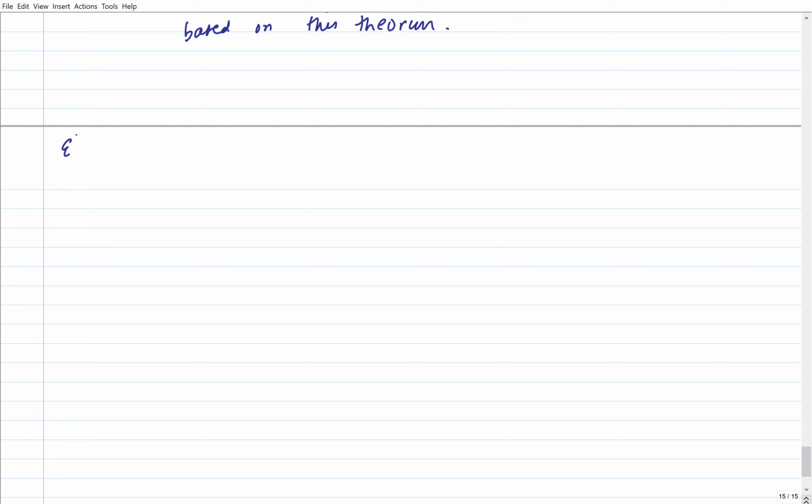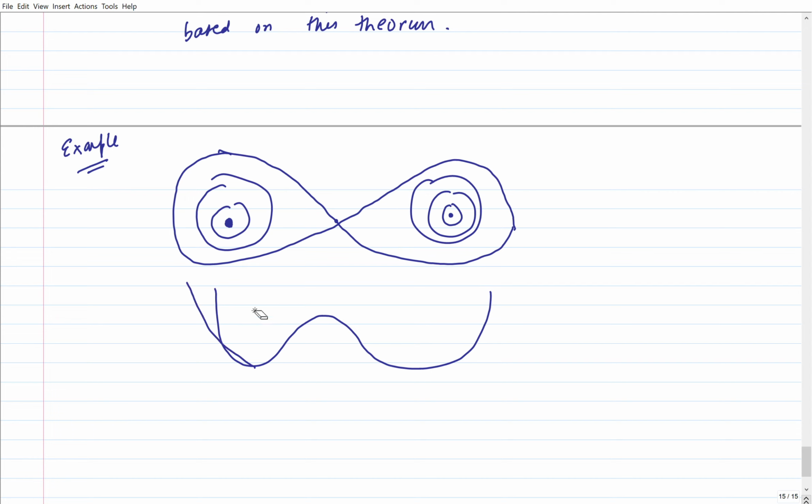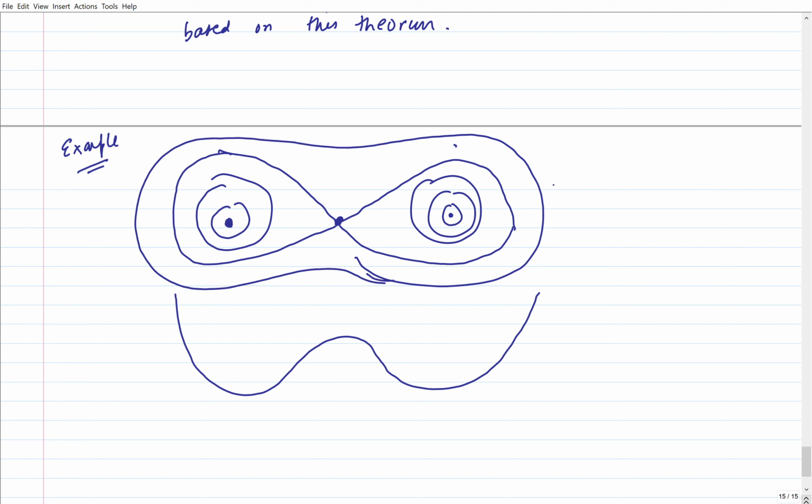So as an example, we consider a phase portrait of a double well which had 3 fixed points. One of them is a saddle, so this is one of the wells, and so this is like a double well, not drawing it very well. And then of course there are some trajectories like that.